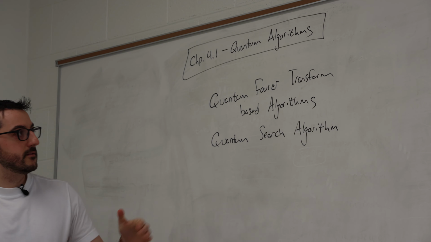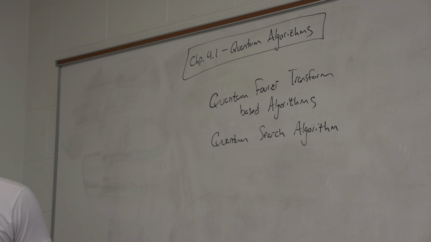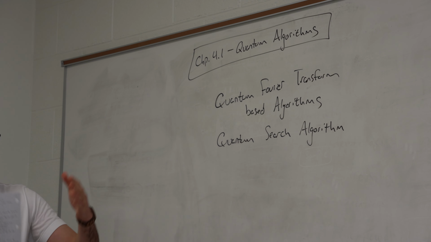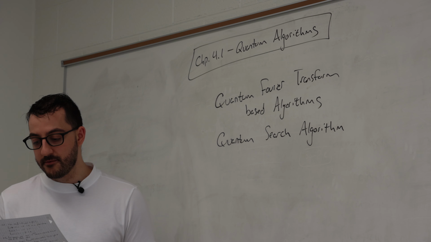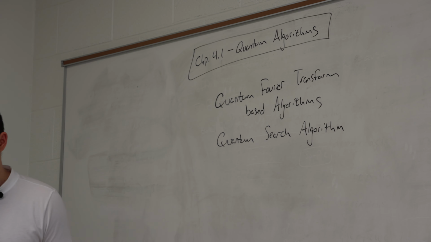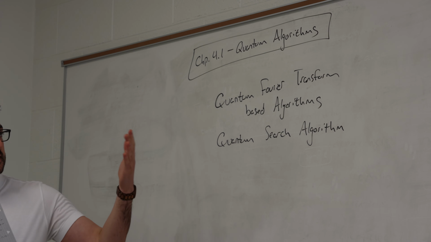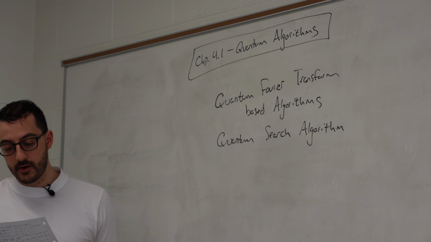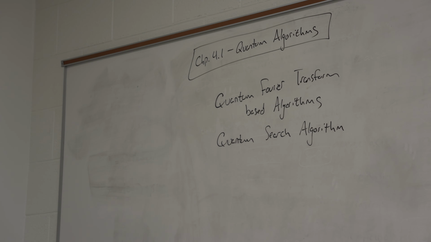In the first category again, we know Shor's algorithm as the most famous one, but these are sort of instances of a larger category of problems that we can solve. So Shor's algorithm, the technique it uses can also be used to solve the discrete log problem, which also breaks another commonly used crypto system.